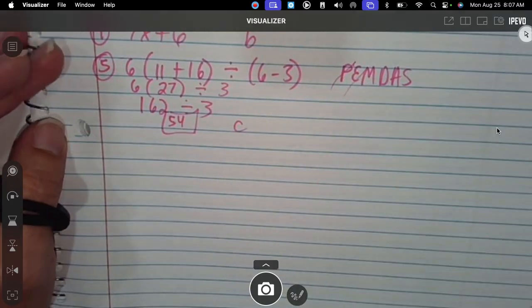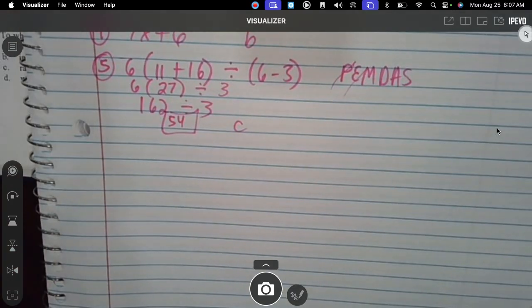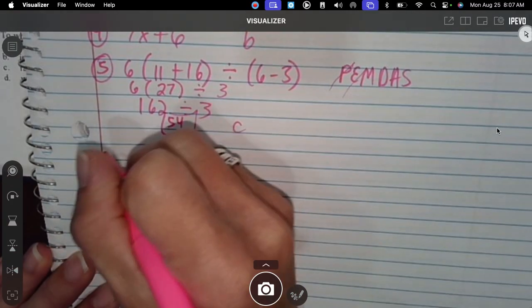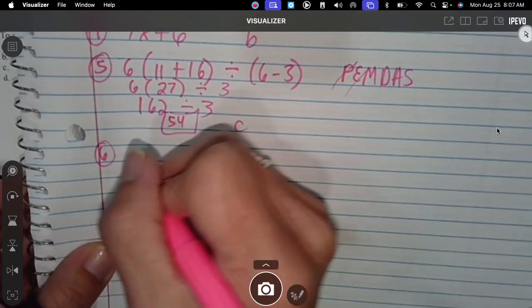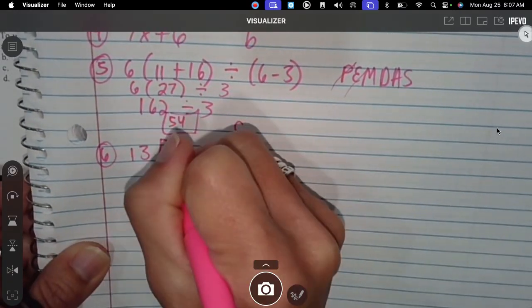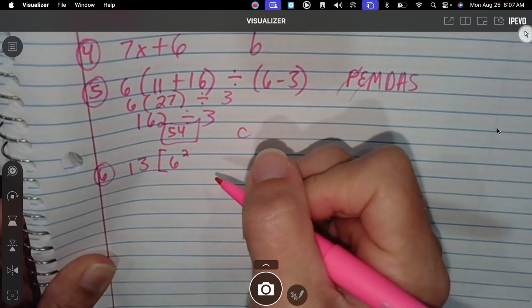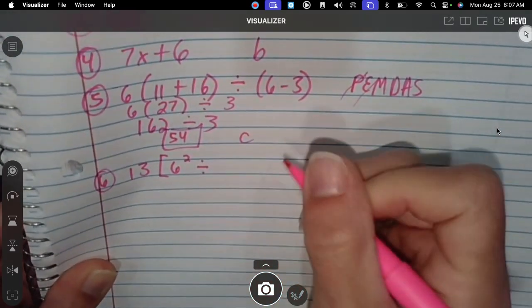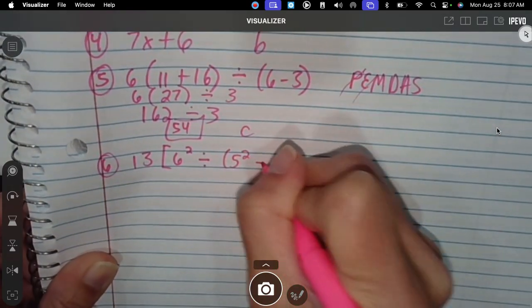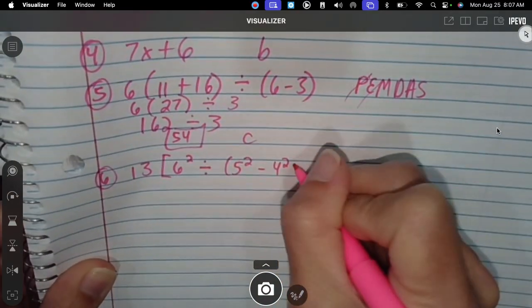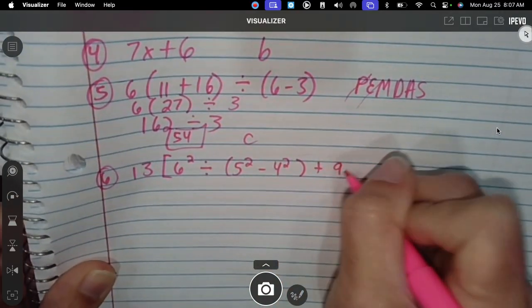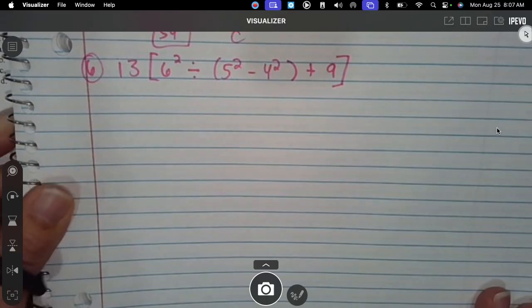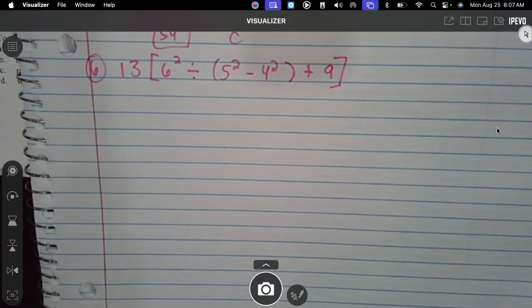All right. Number 6. Everybody good so far? I can go on to number 6. Okay. This one's got a few more steps to it. That is division. 5 squared minus 4 squared. That is plus. Okay. So I'm going to look for parentheses.